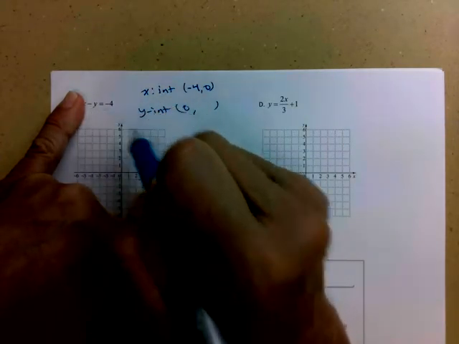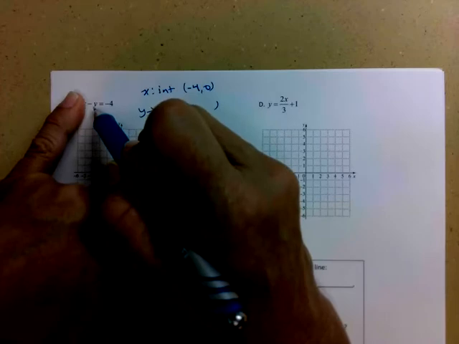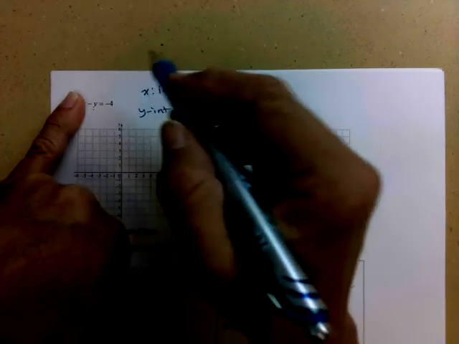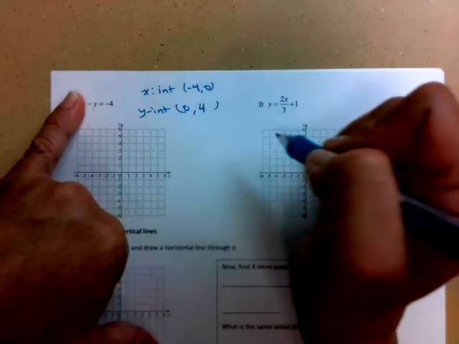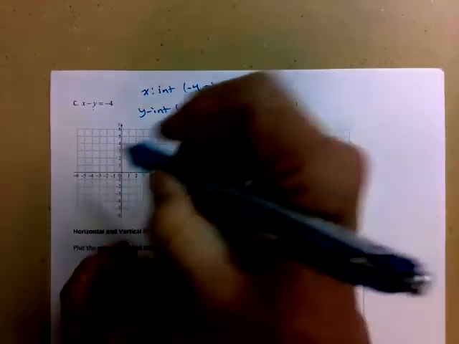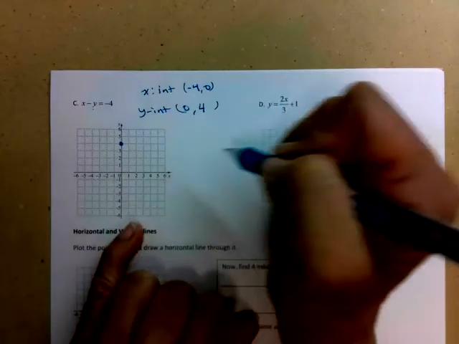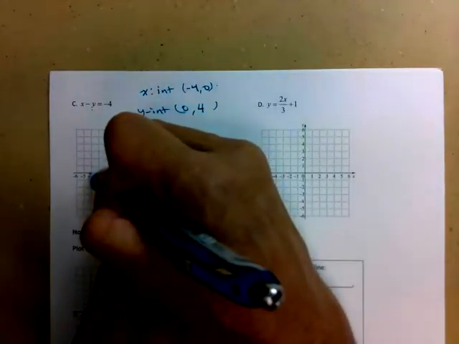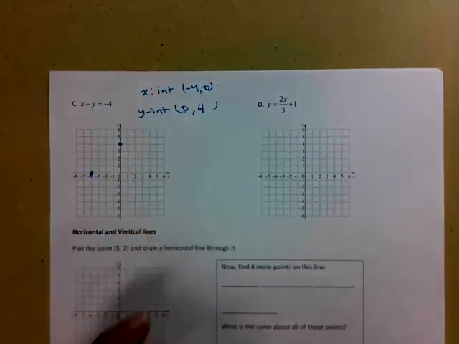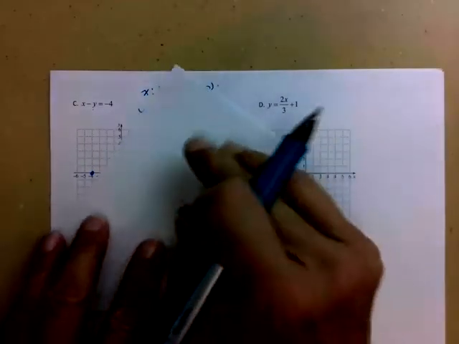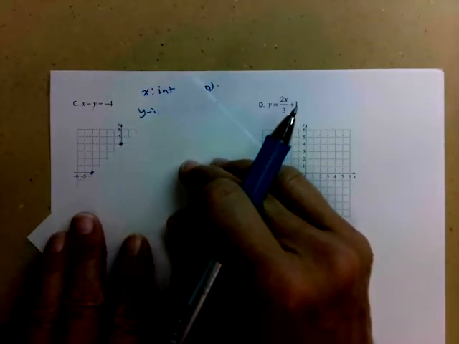So from this equation, where the x is 0, you multiply both sides by negative 1, and that gives us a y of positive 4. So 0, 4, and negative 4, 0. Those are my 2 points. And we will connect those two.